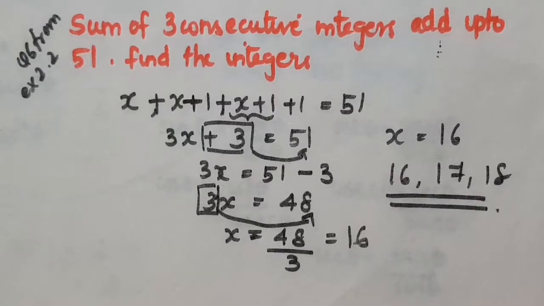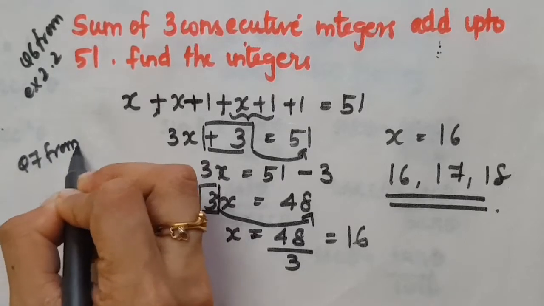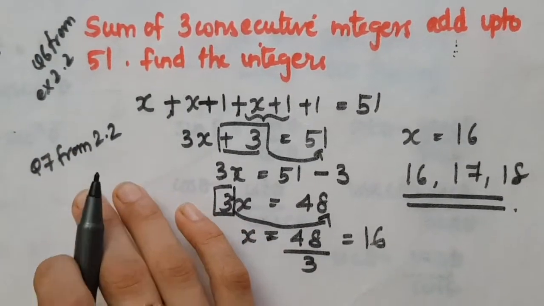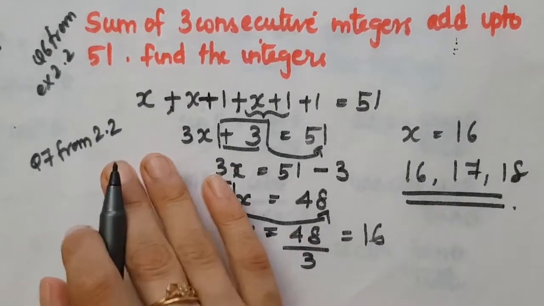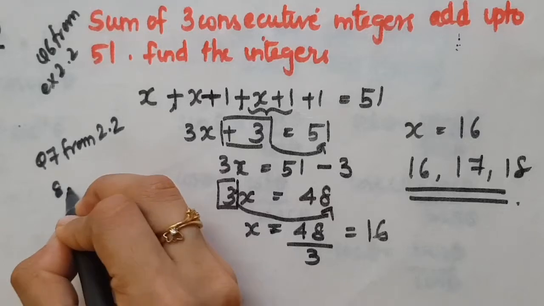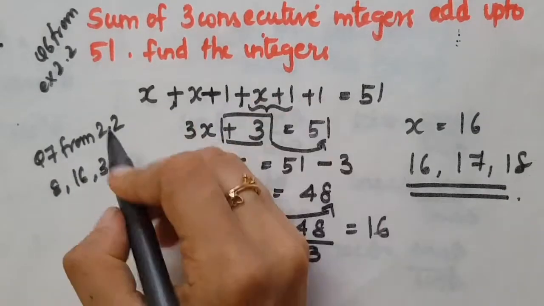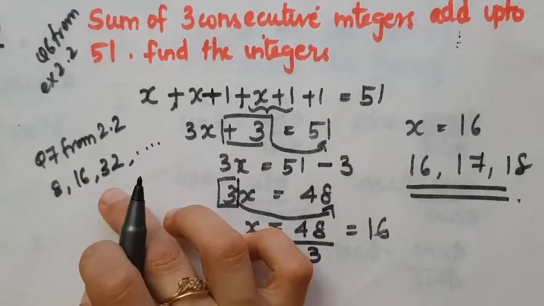We have one more question, question number 7 from 2.2. The question is: the sum of 3 consecutive multiples of 8 is 888. So consecutive multiples means 8, 16, 24 and so on. The difference between them will be 8.